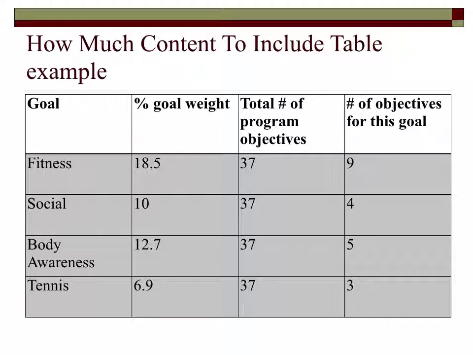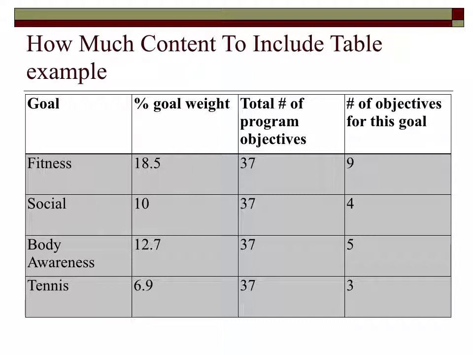So for the fitness, we can have 9 objectives. And for the social, we had a percent goal weight of 10%. So we take 0.1, or that's 10%, times 37, and it rounds up to 4 objectives for this goal. So the total number of objectives that we're going to get to is 37.